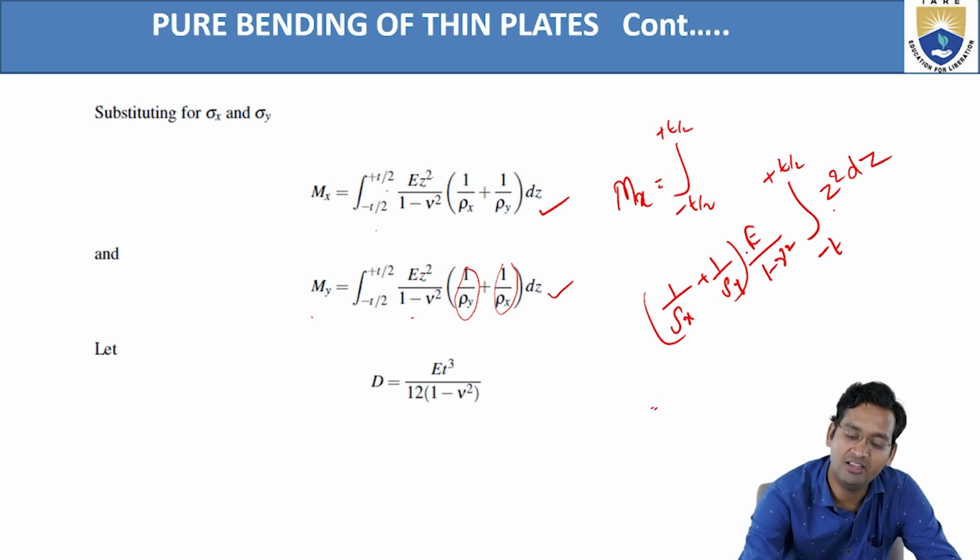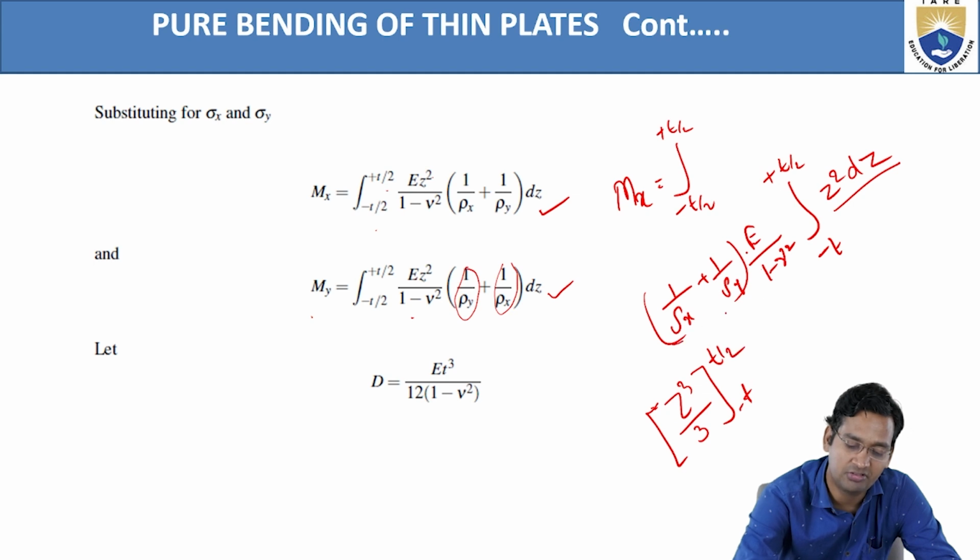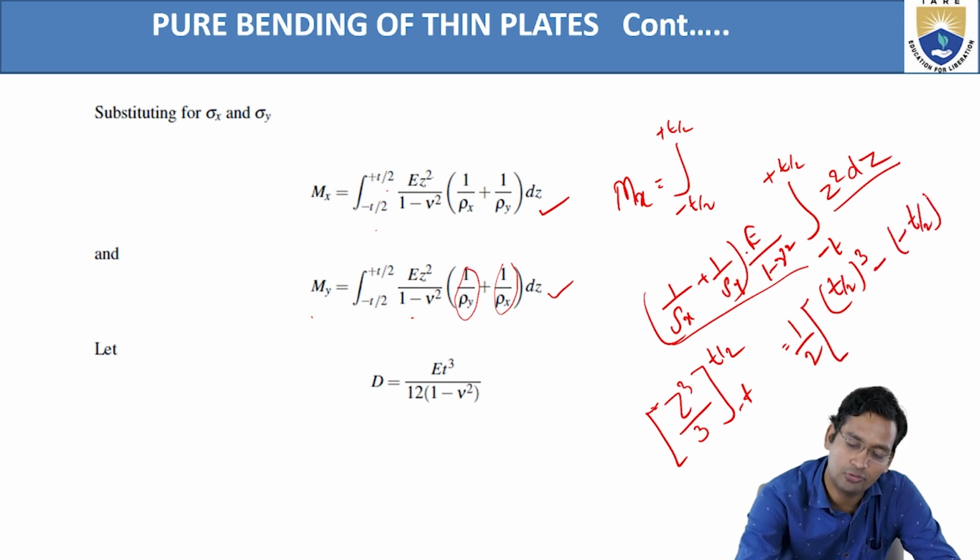The integration of z square dz is z cube by 3, from minus t by 2 to plus t by 2. I'm skipping the constants for now, solving only for this, and later we will multiply. So z cube by 3 is t by 2 whole power 3, with 1 by 3 also taken out common, minus of minus t by 2 whole power 3.